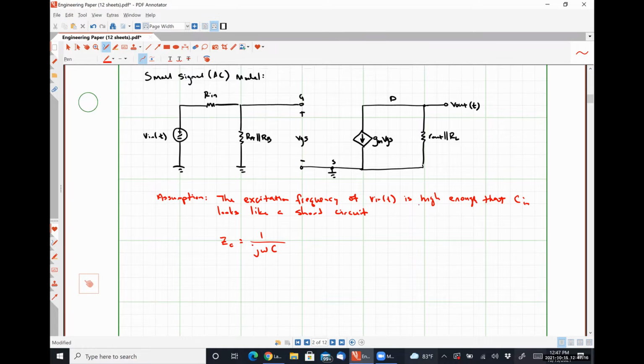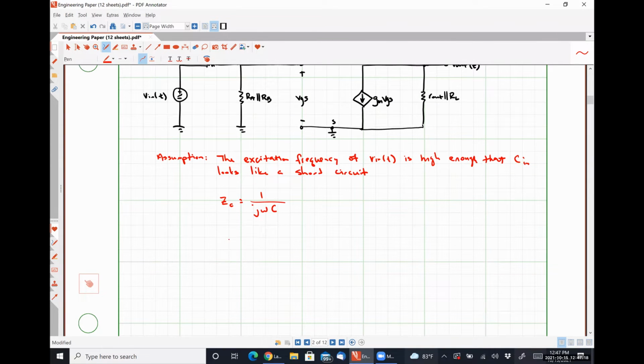So if we plotted capacitor impedance as a function of frequency, so this will be the magnitude of Z as a function of omega, what it's going to wind up looking like is a curve like this, right?